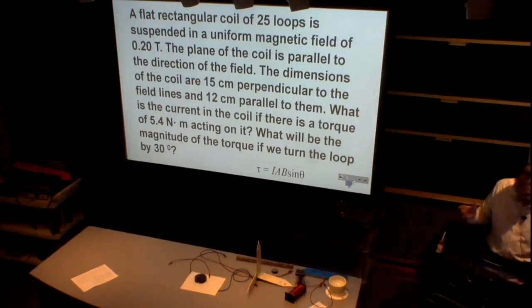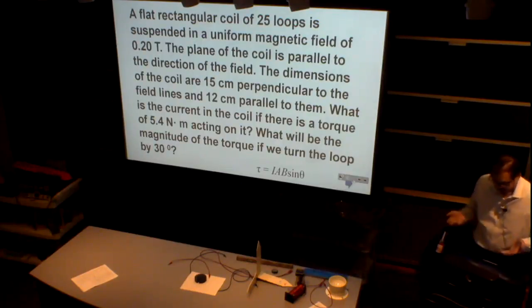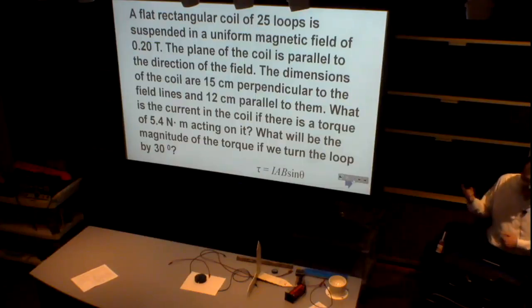We know the dimensions, we know electric current. Oh no, we need to calculate electric current based on the fact that the torque equals 5.4 newton meters. That's a unit for torque. And then next question, if we turn the loop by 30 degrees, what will be the new value for the torque? So I'm going to give you a minute, just transfer numbers to your notebook.